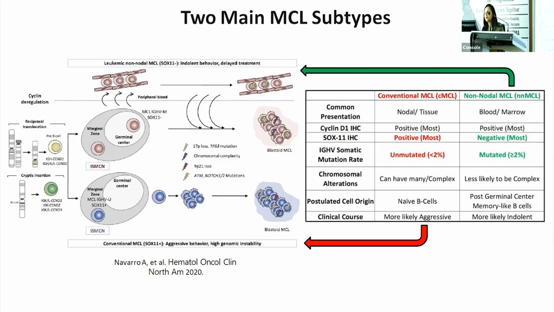Versus the non-nodal mantle cell, they usually have blood or bone marrow involvement, and they are negative for your SOX11 IHC, and they are mostly mutated. And this mutation part, how do we see it? This is the same hypermutation which we see in the CLL.